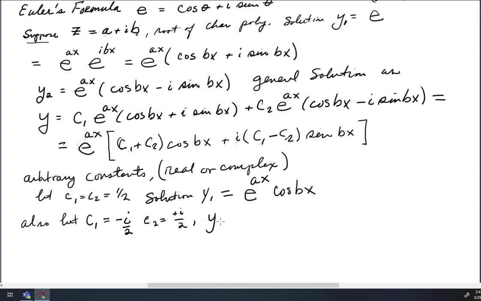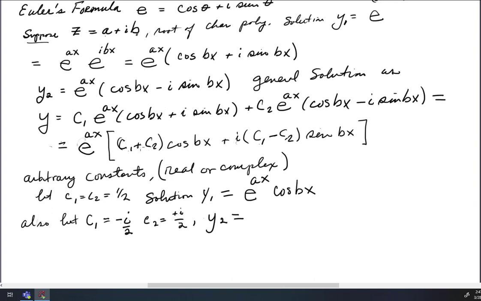And then we could form a solution y2 equals, now we're substituting here again, c1 is negative i by 2 and c2 is positive i by 2.